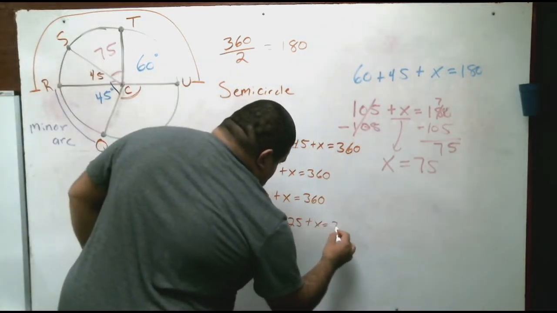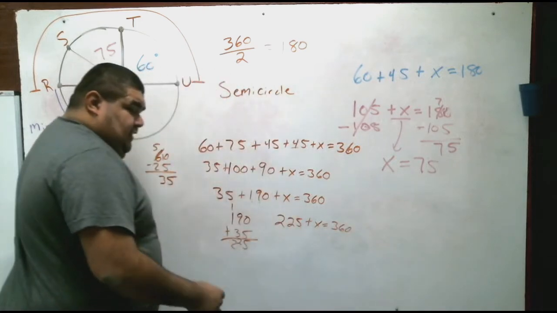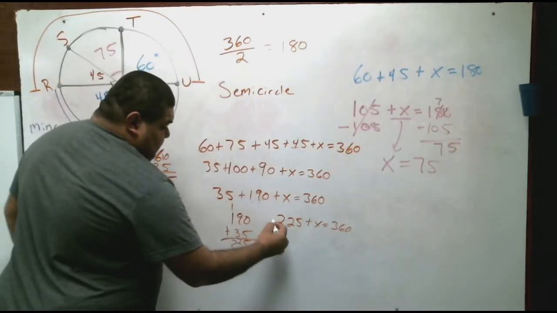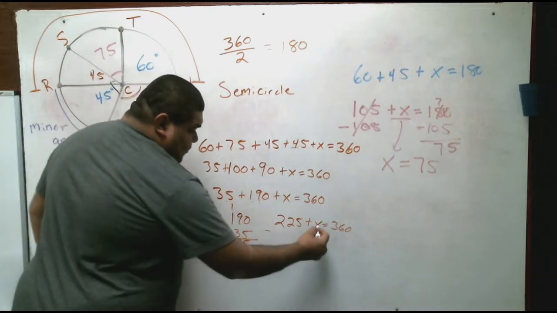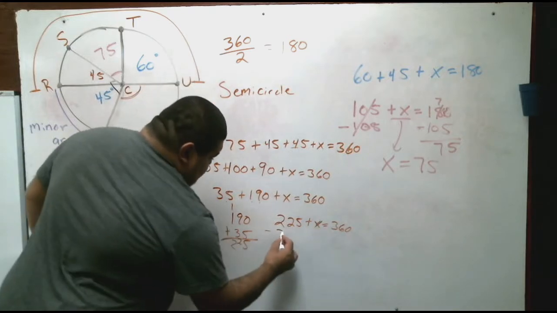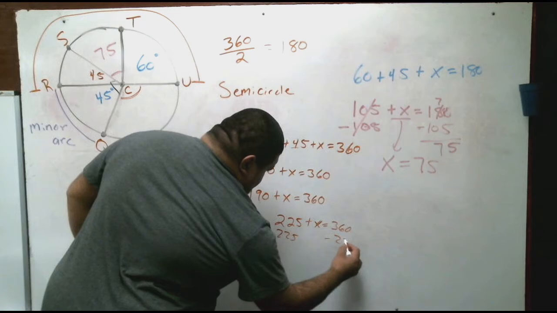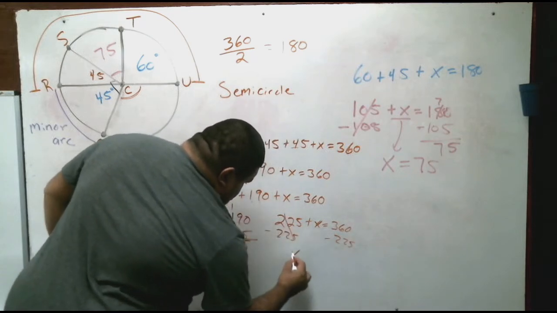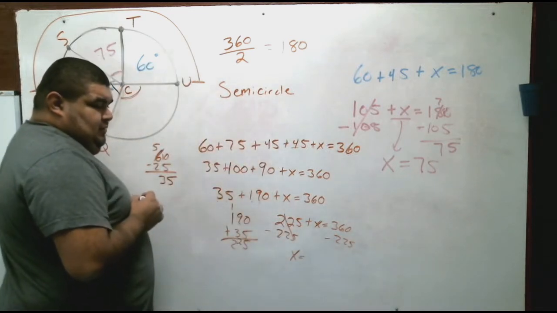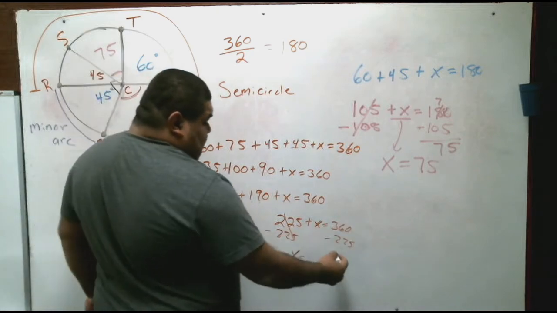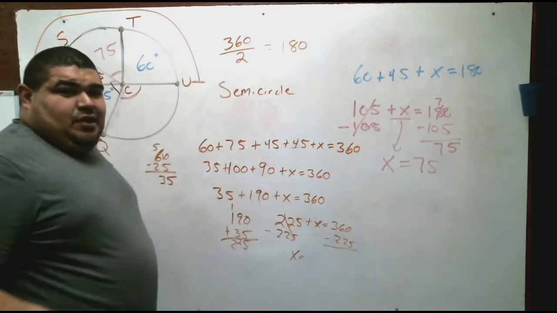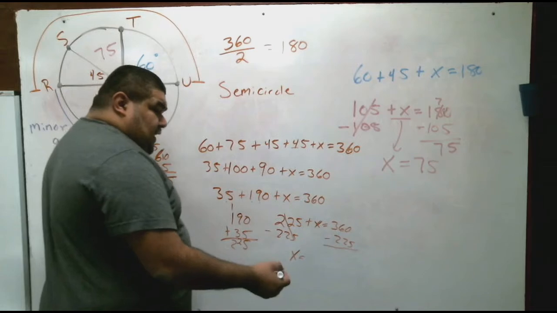plus X equals 360. And then finally, we subtract, right? Because there's nothing in front of the 225, and we're trying to solve for X. 225 minus 225. We're left with X equals, if you don't know it off the top of your head, if you don't have a calculator, we can always do it the old-fashioned way.